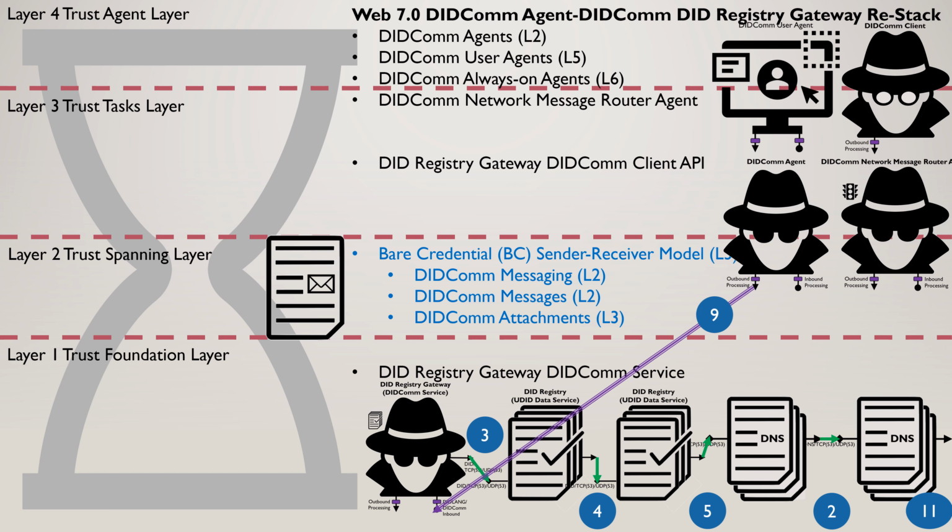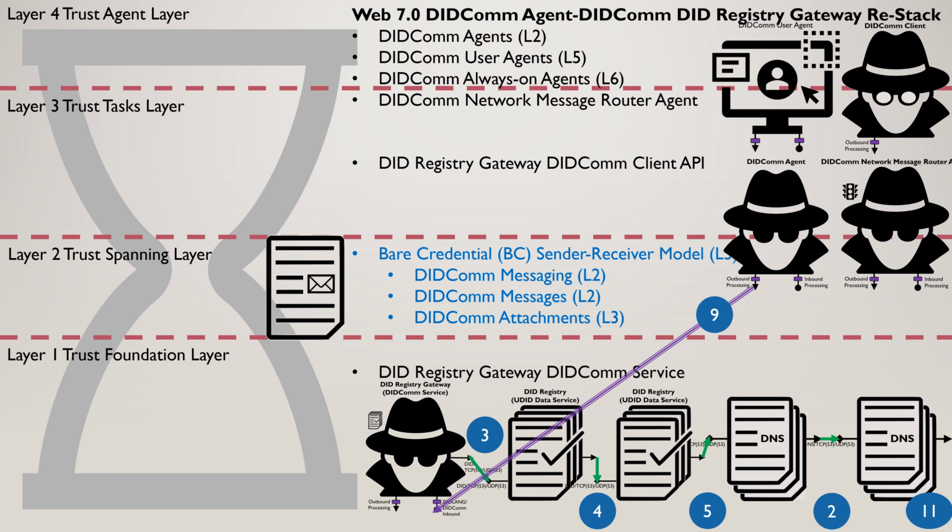So if the DID registry gateway receives a DID request over DIDComm, it will use connection number 3 to pass that to the DID registry number 1. If that DID registry is unable to resolve it, it's going to pass it over connection number 4 to DID registry number 2.